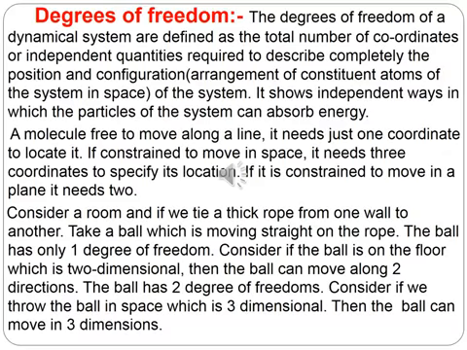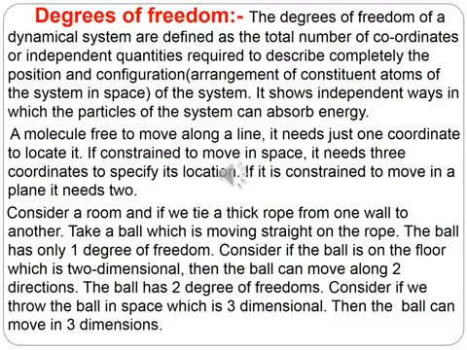Then it will have two translational degrees of freedom. And if the particle moves in space, we have to use three coordinates, x, y and z, to specify its position. Then it should have three translational degrees of freedom.